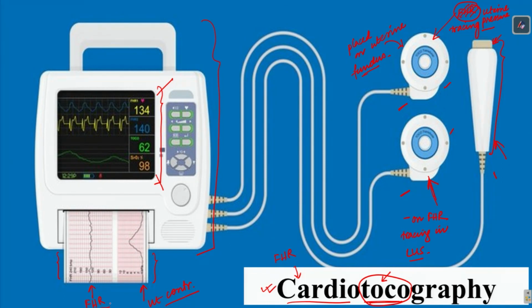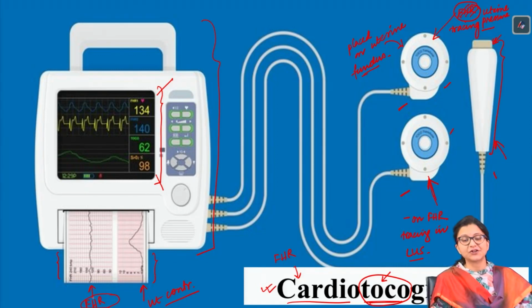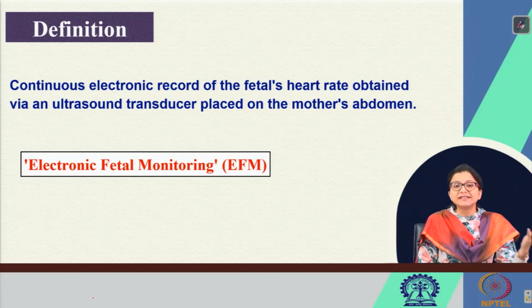So, this is the whole machine in a nutshell, and from this we get an idea about the FHR pattern, the changes in the fetal heart rate in relation to the uterine contractions going on during the process of labor.